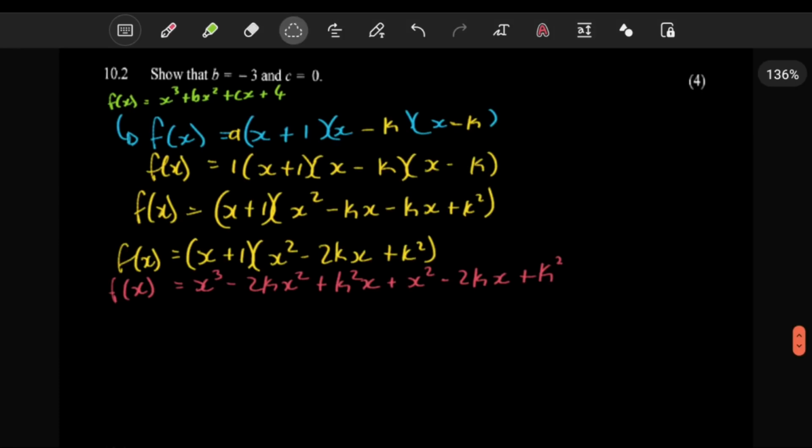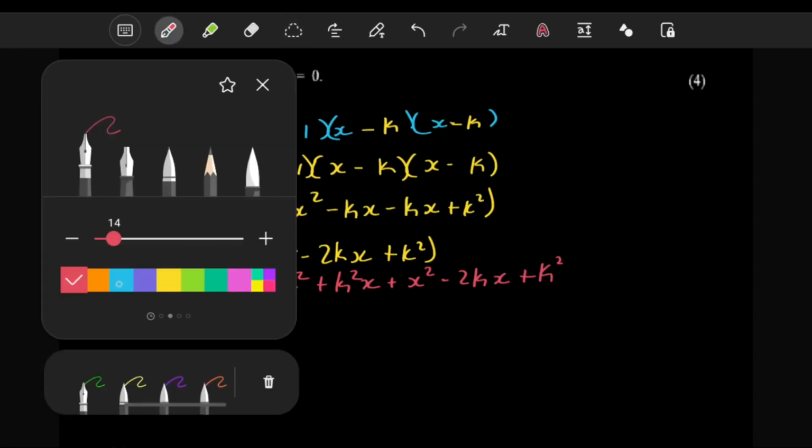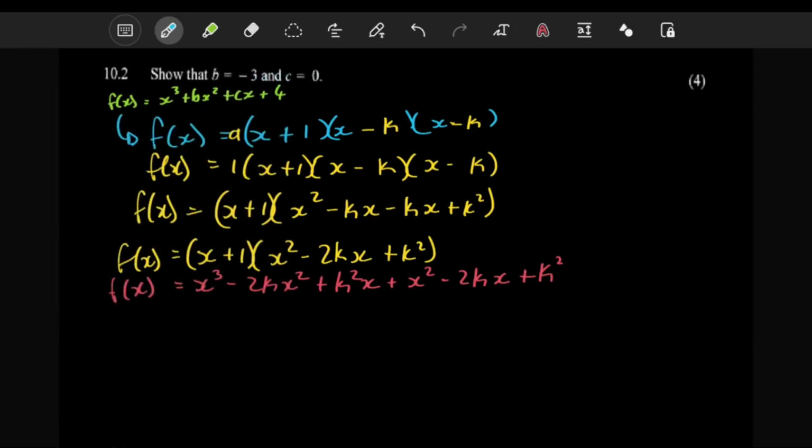Anyways, you see here, the reason for us having done this is because you eventually want to mix and match, meaning whatever you have now is what's going to help you get your values of b and c.